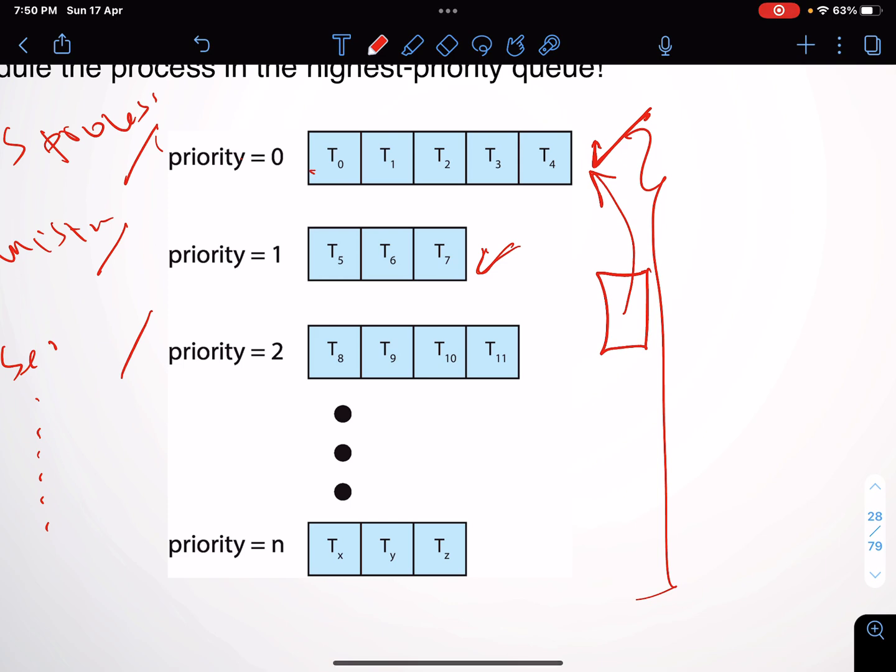When priority 0 queue is done, it will go for priority 1. While it's serving priority 1, if a process arrives to priority 0, the processor will leave priority 1, go back to priority 0, serve it, and go back to priority 1, and so on.